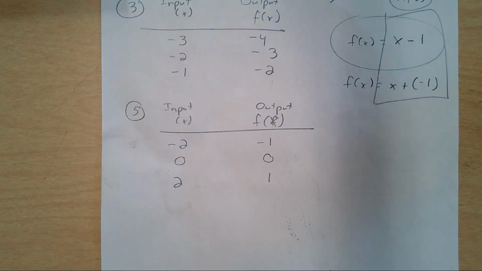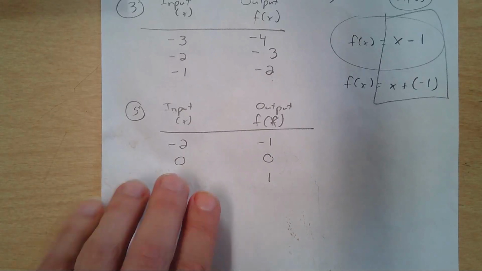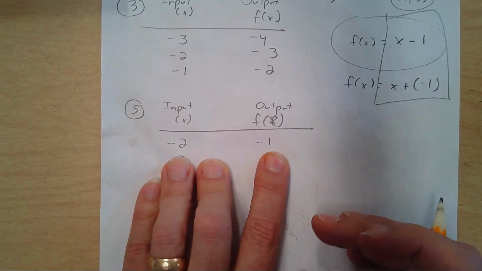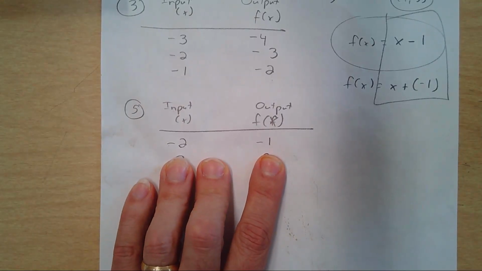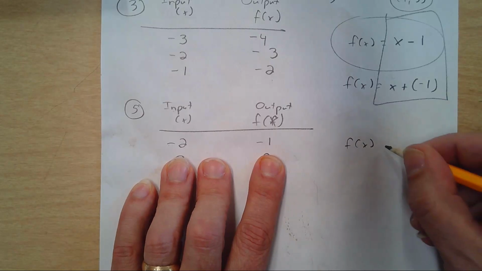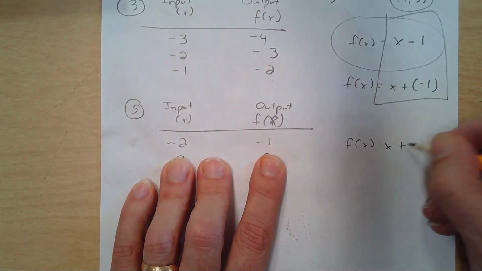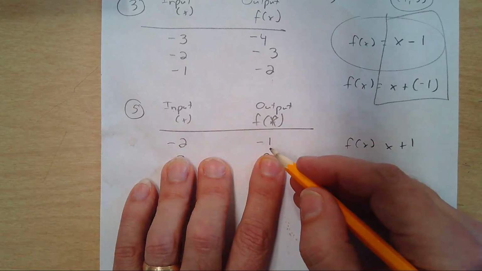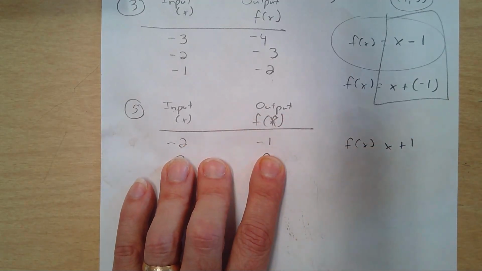Honestly, I usually start with my adding and subtracting first here. So to go from -2 to -1, what did I do? I added 1. So I could basically say my f of x is wherever I started, and then I add 1 to it, and it works, right?